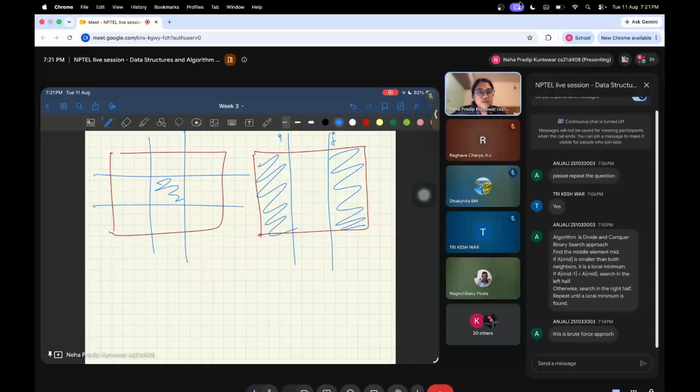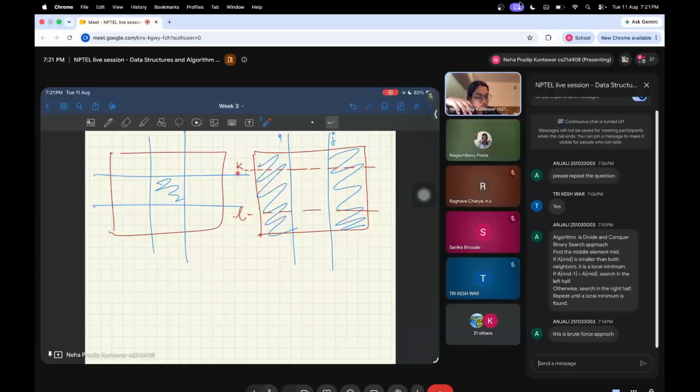Now how many subgrids are possible? There are n square possible subgrids, because there are two rows that you need to make choices for. This k could be a choice of yours, and this l could also be a choice of yours. Depending on the choices of k and l, you are going to have n square possible subgrids.